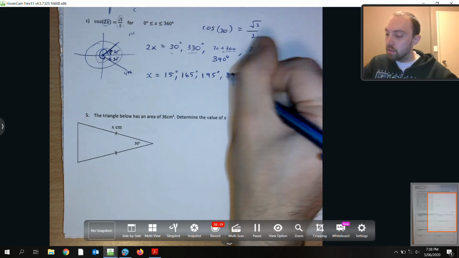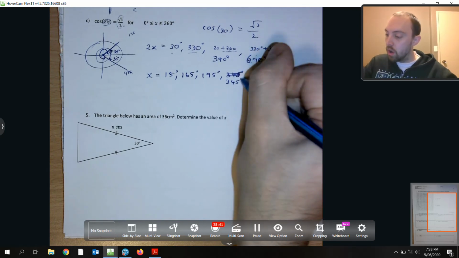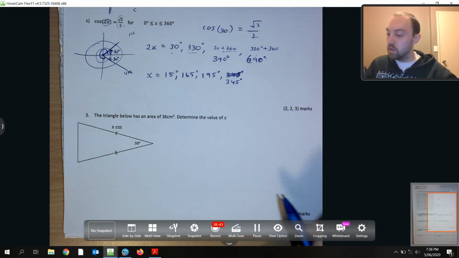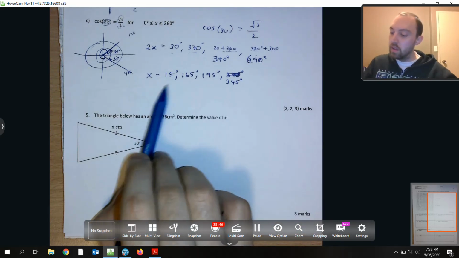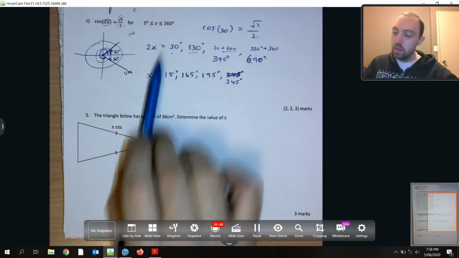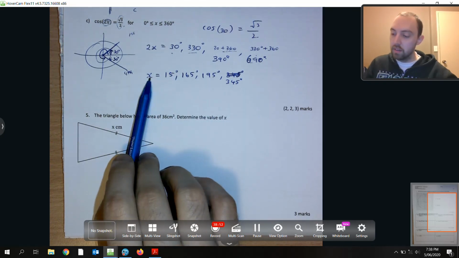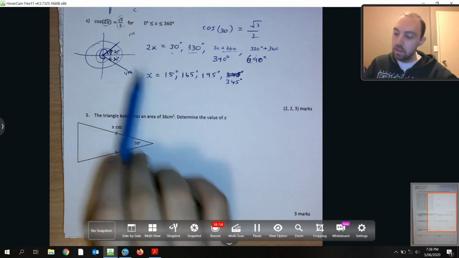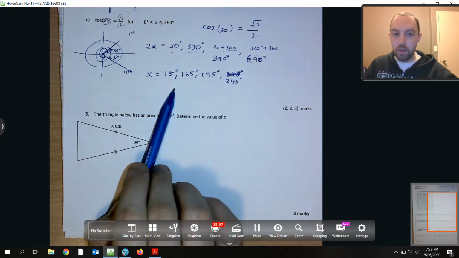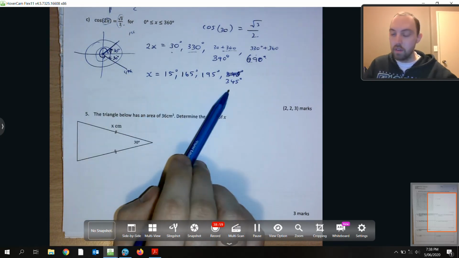A bit of practice solving your trig equations will get you there as well. But these are all the values between 0 and 360 that I can put into x and still get root 3 on 2. 15, 165, 195, and 345.